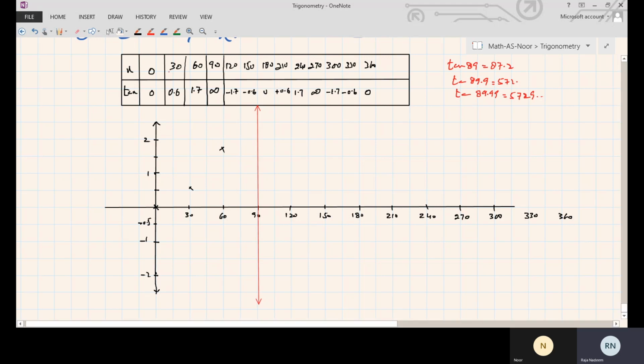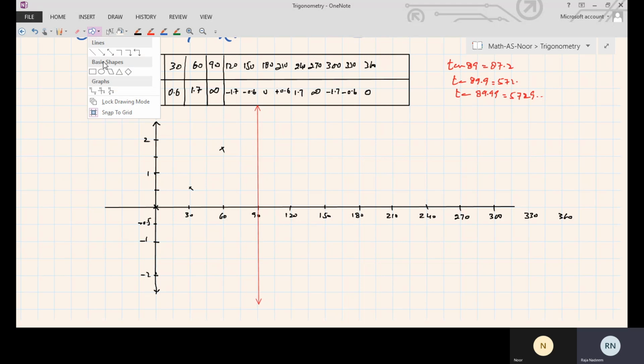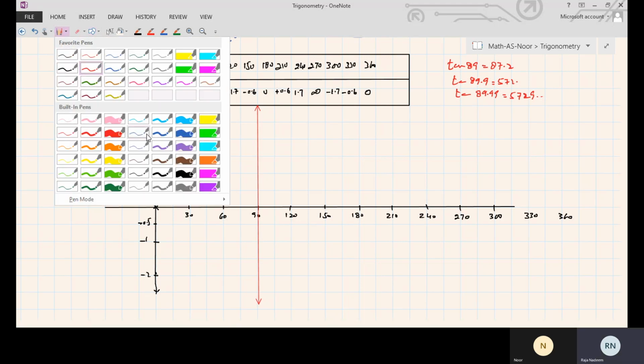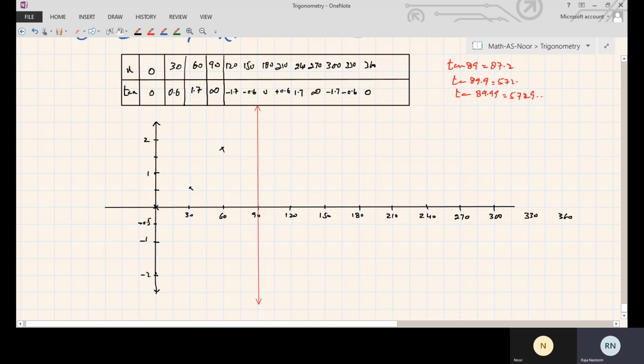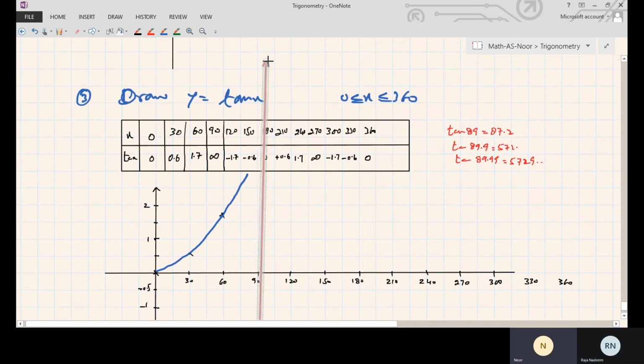This gives us the idea that if we plot the graph passing through the points which we are taking, and increase this line, it's going to be very long.